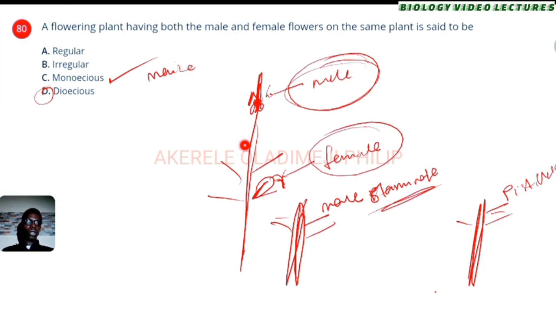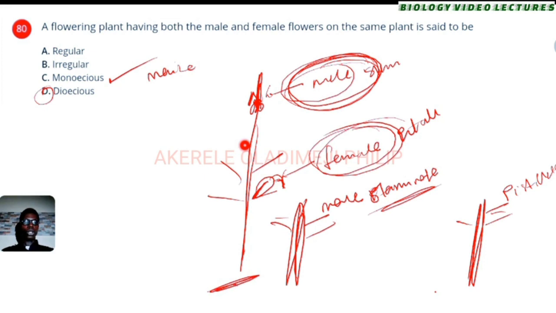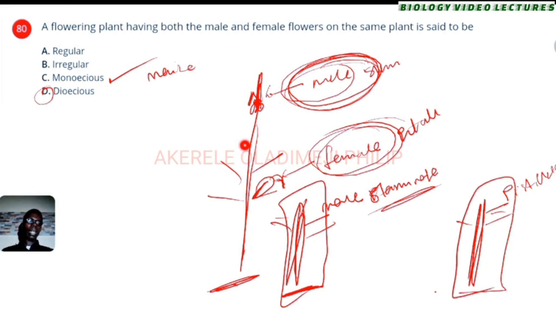Please don't mind my handwriting. So having two types of flowers on the same plant is called monoecious, but having only one type of flower on one plant, and another type of flower on another plant of the same species, is dioecious. Example is pawpaw.